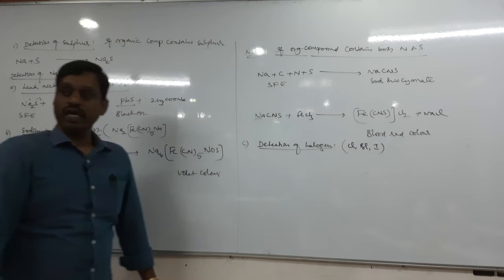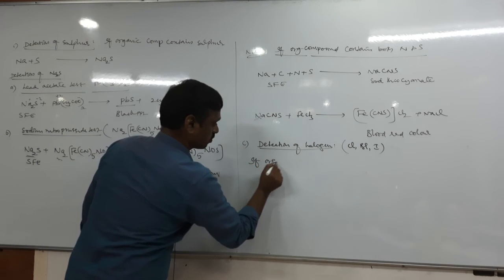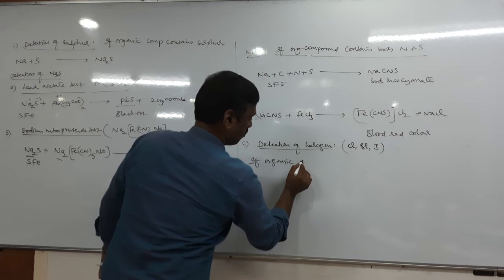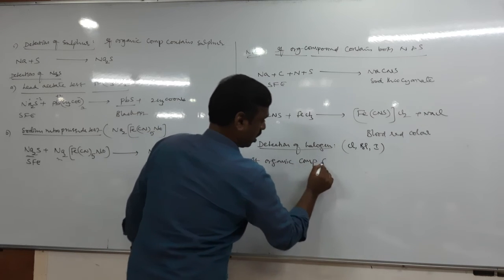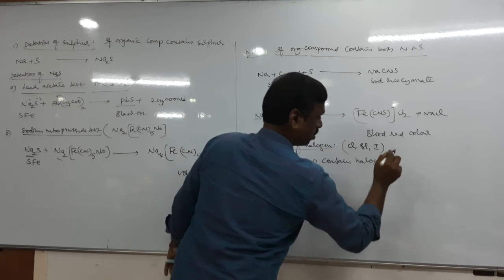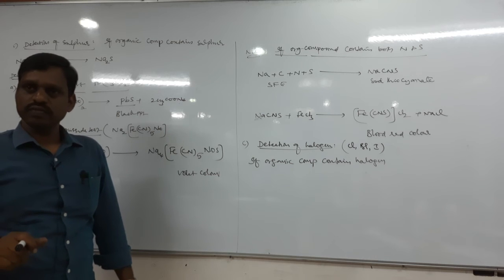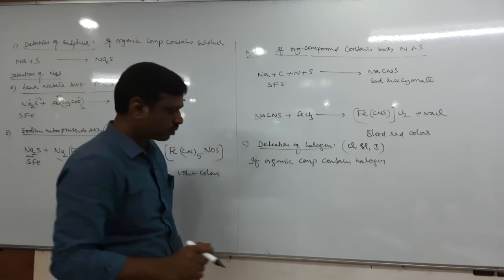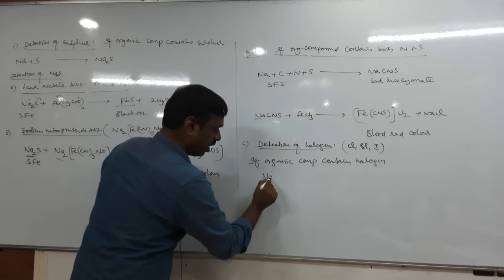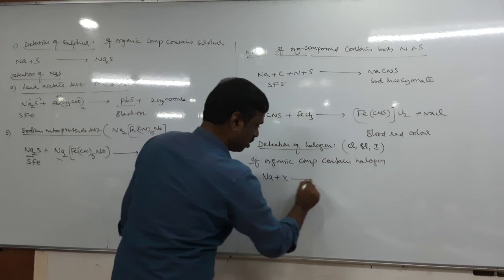Now tell me, if an organic compound contains halogen, what is the product formed in the Lassaigne test? Sodium we are adding plus if halogen is present, X, it forms NaX.